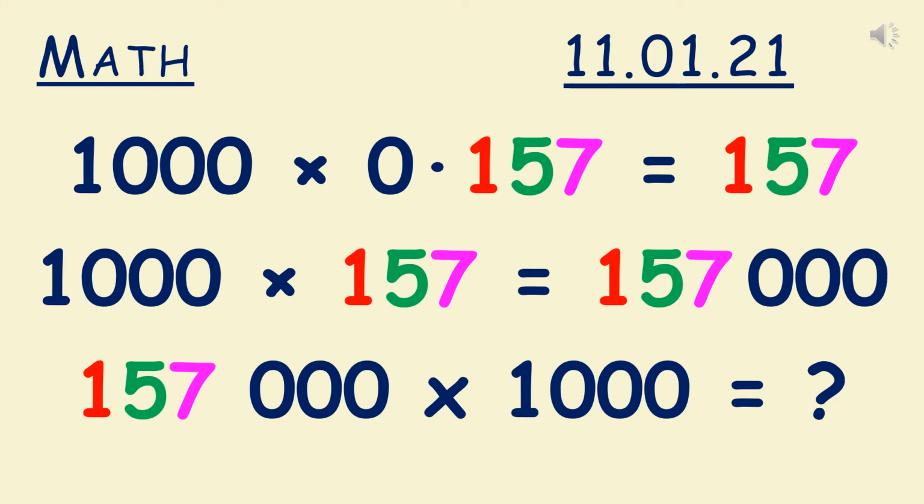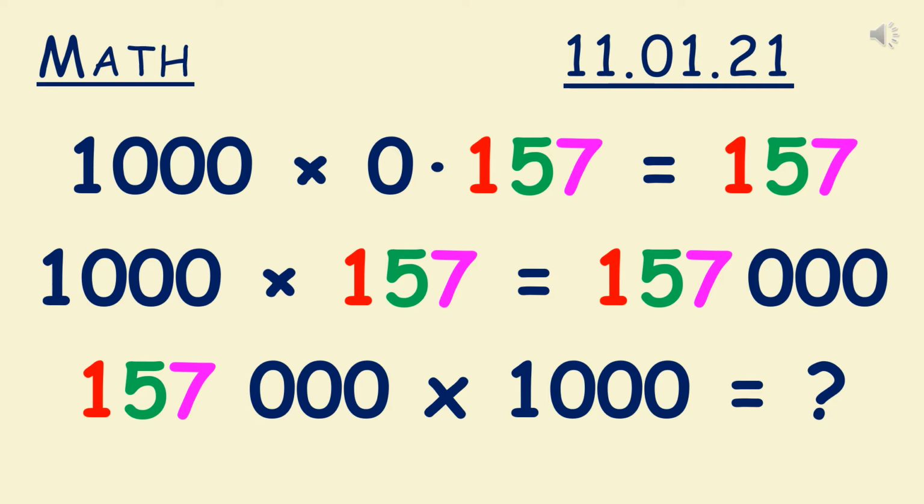Let's look at the relationship between these numbers now. 0.157 can be times by 1,000 to make 157. That means 157 is 1,000 times bigger than 0.157.